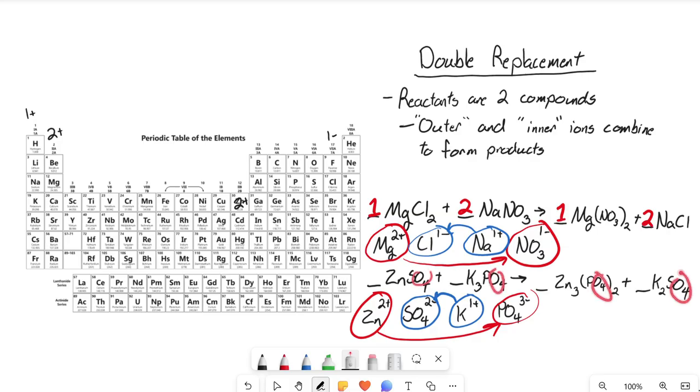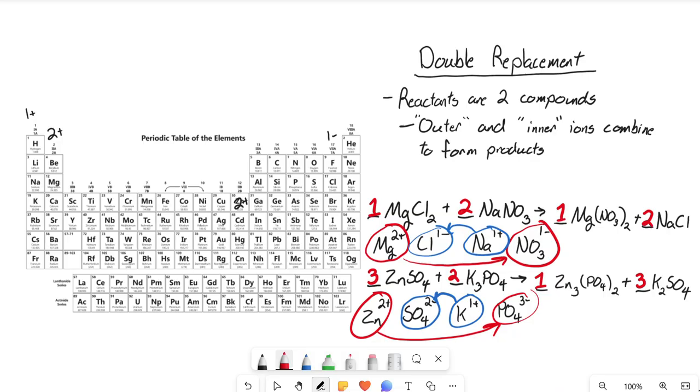Never start with oxygen. They're probably going to work themselves out in the end anyway. For this one, in order to balance, we would need a 3 here in front of our zinc sulfate, a 3 here in front of our potassium sulfate, and then a 2 here in front of our potassium phosphate. Last thing would be a 1 here in the zinc phosphate.